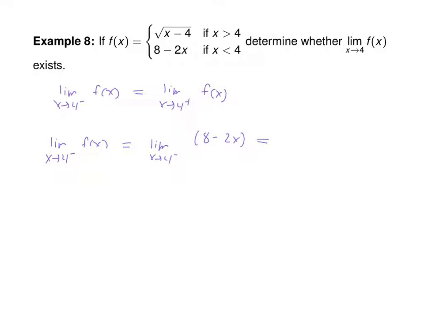And no funny business, plug in 4, you get 0. How about the limit as x goes to 4 plus? Which part do you use there? You do root x plus 4, and that equals 0 as well.